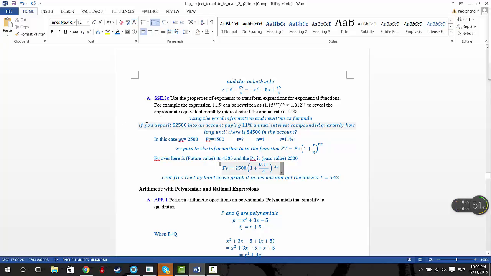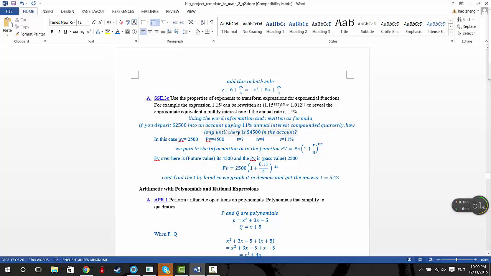So here is the question. If you deposit $2,500 into the account paying 11% annual interest compounded quarterly, how long until there is 4,500 in the account? Okay, so in this case, PV, which is the present value, is 2,500. The FV is the future value, the amount that we want.